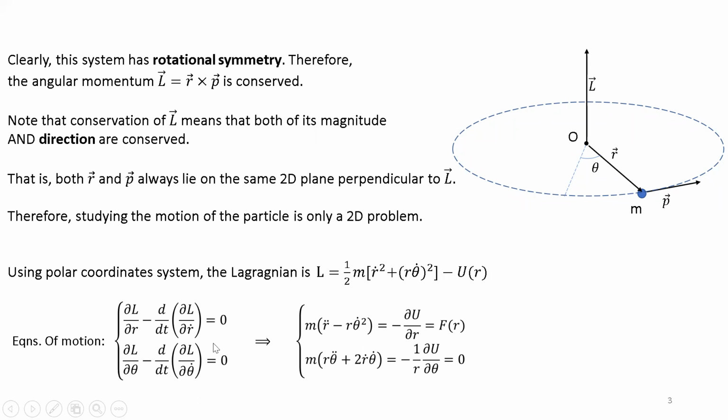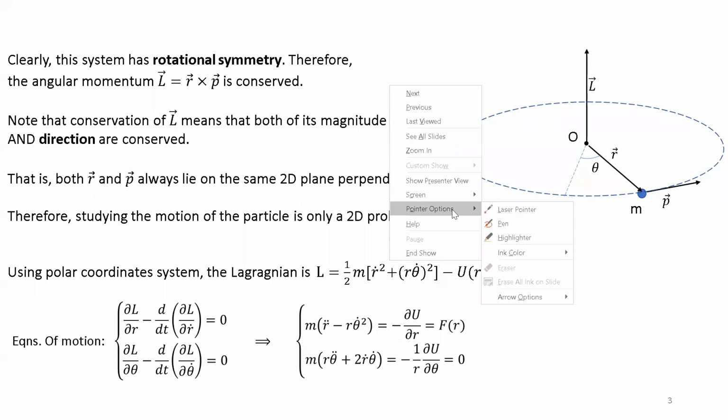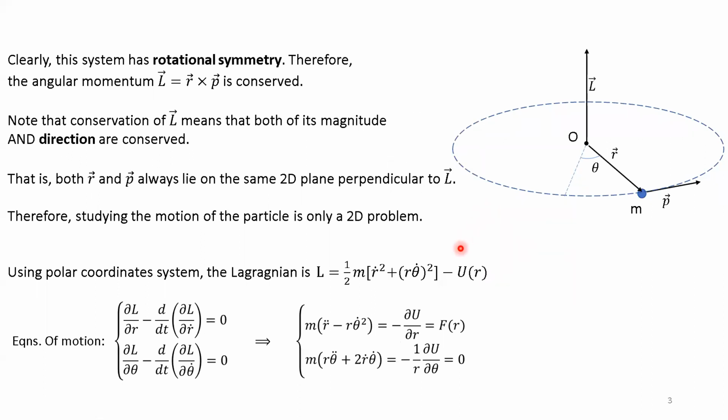Alternatively, even if you pretend that you don't know the Lagrange equation, from Newton's second law you should be able to obtain these two equations. In the last chapter I reminded you that in this chapter polar coordinates will become very important, as that's the only coordinate system that we are going to use. If you're still not familiar with that, you should really go home and revise that part.